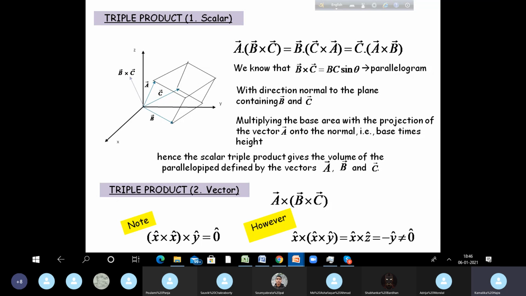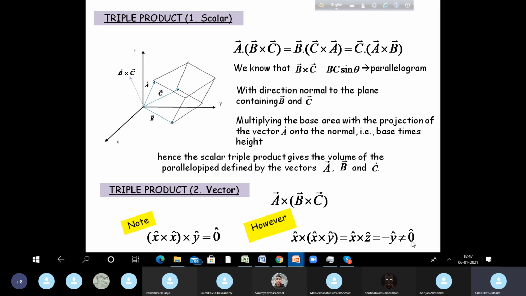On the other hand, if you just change the position of the parenthesis, the bracket, and instead take x cross (x cross y). What is the value of x cross y? Z. What is the value of x cross z? Minus y.